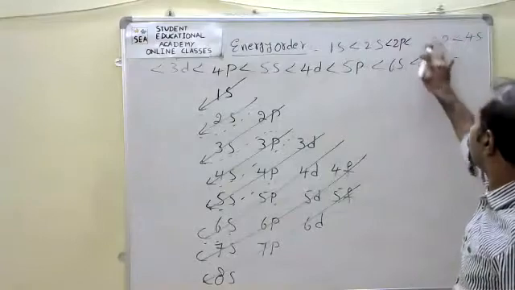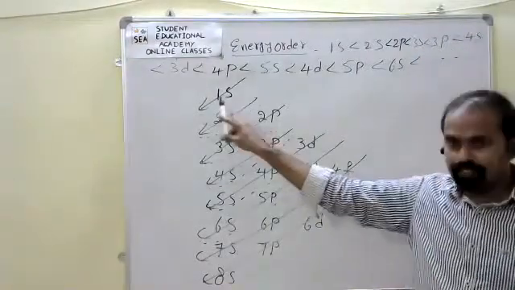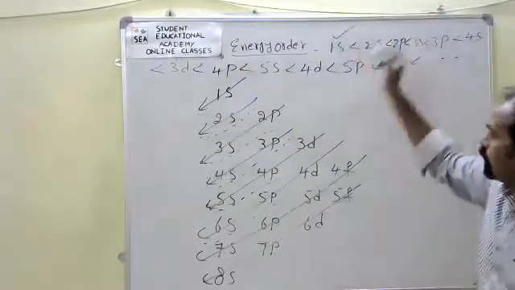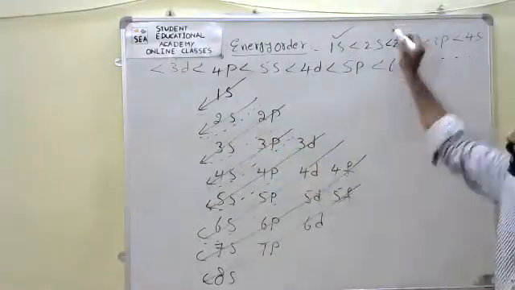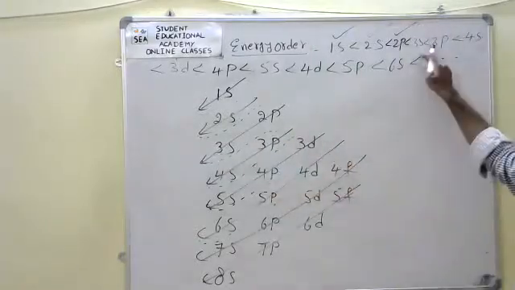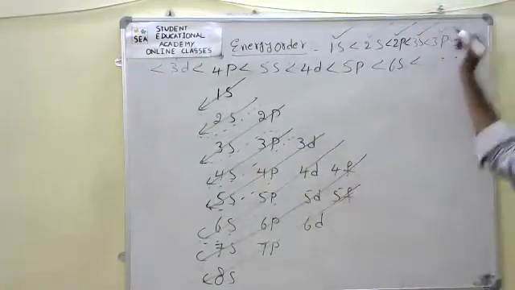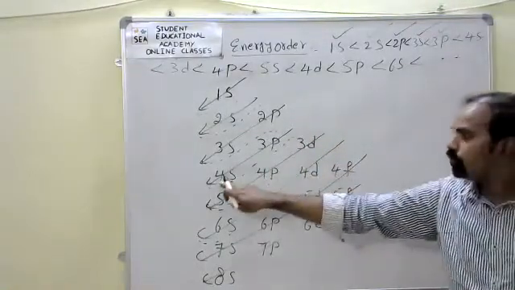Now see, 3s is less than 3p. Yes, 1s, then 2s, then 2p, then 3s, then 3p.